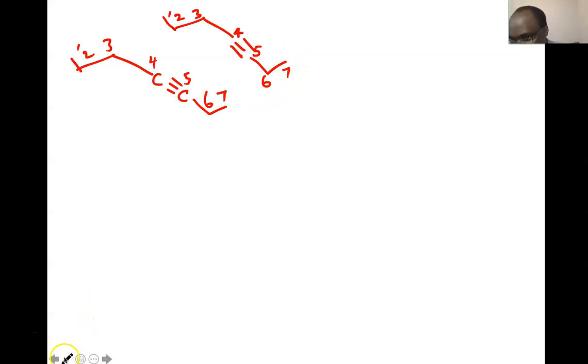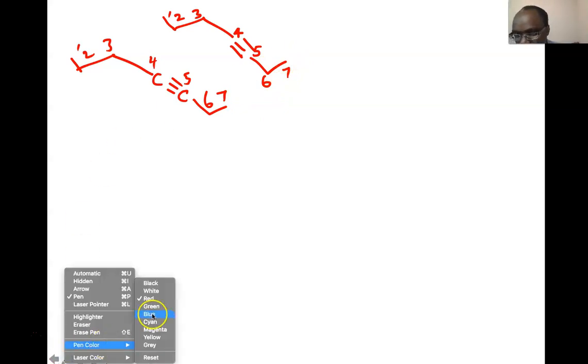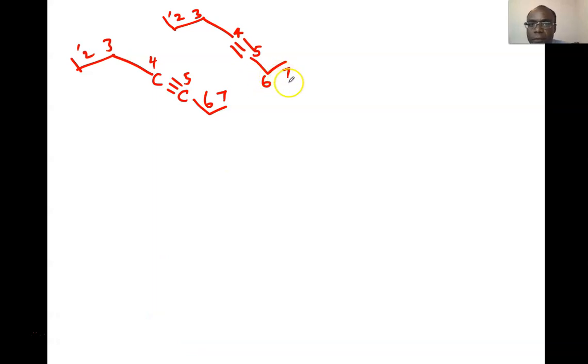That is in red. In blue, the numbering will be 1, 2, 3, there's a carbon in there, 4, 5, 6, and then 7. So which numbering prioritizes the triple bond? Obviously it's the blue numbering, because you encounter the triple bond sooner at 3 than in red, where you encounter the triple bond at 4.